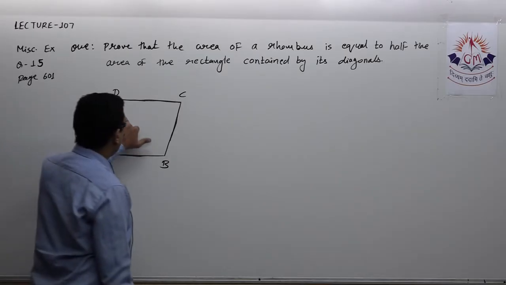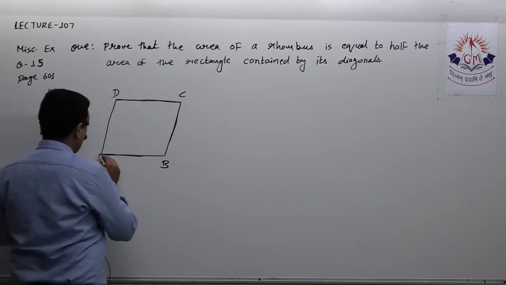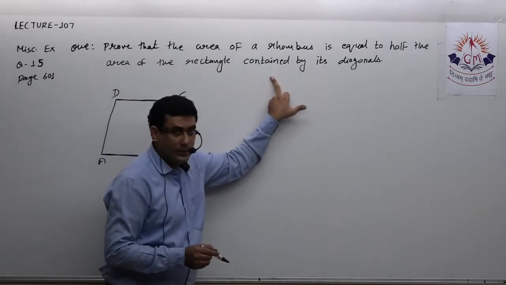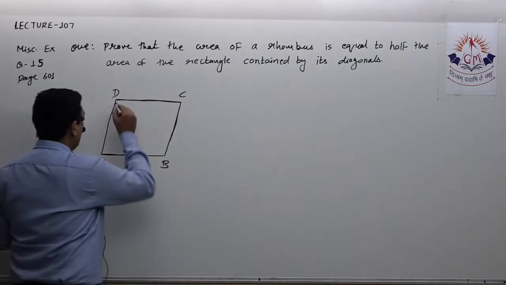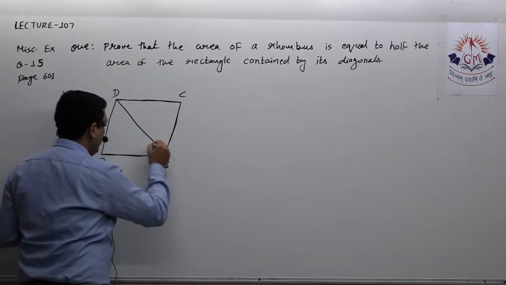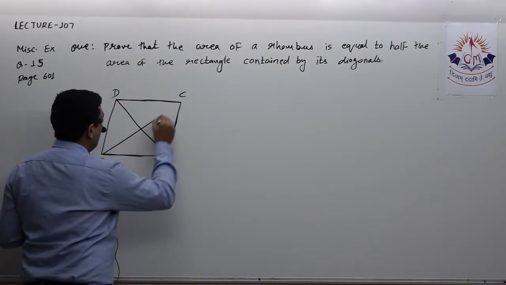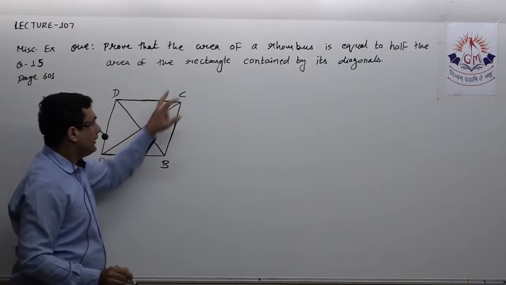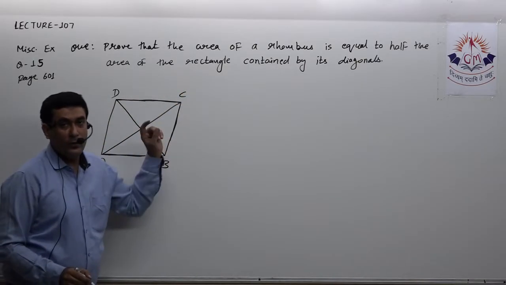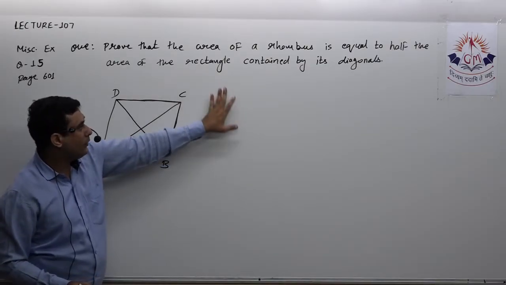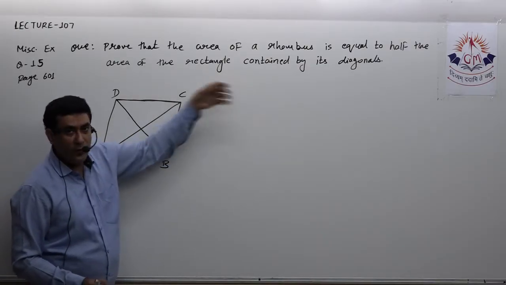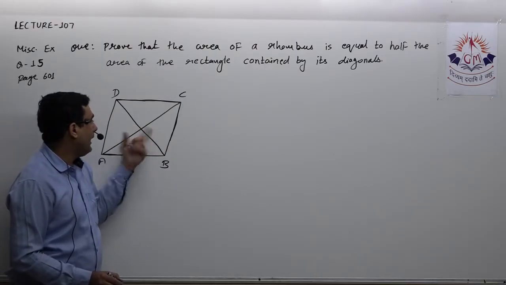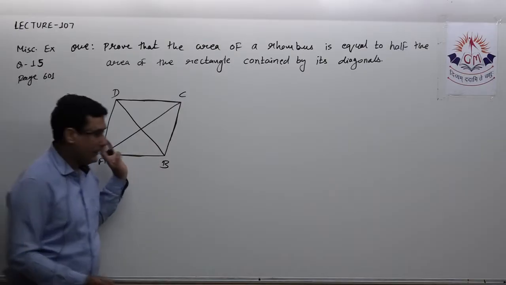What you have to prove is that the area of this rhombus is equal to half the area of the rectangle contained by its diagonals. That means the rectangle which I form by taking the sides of the rectangle as the diagonals of the rhombus.